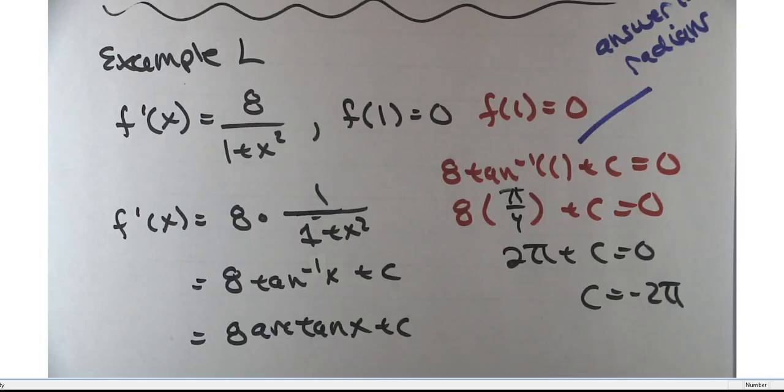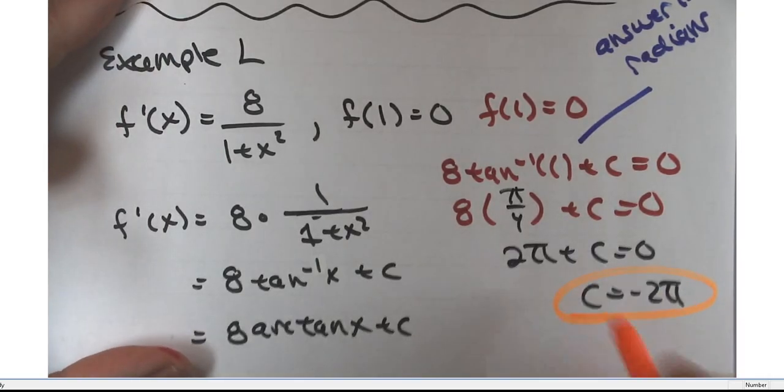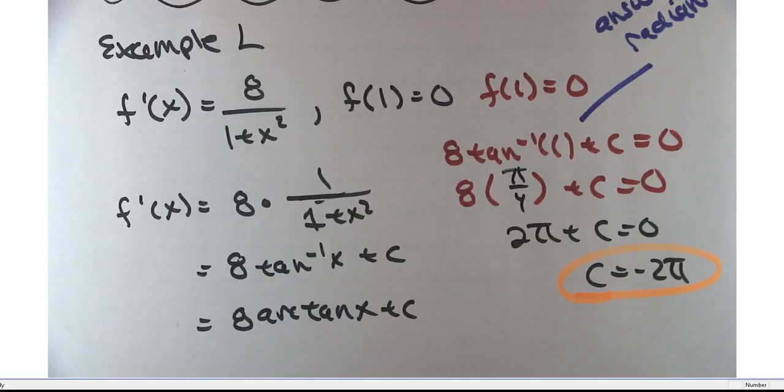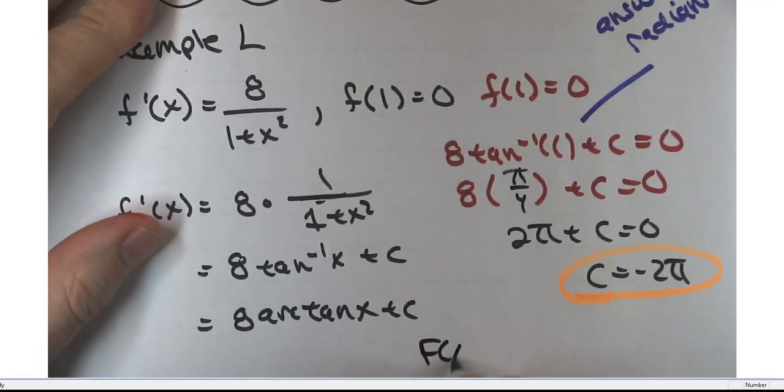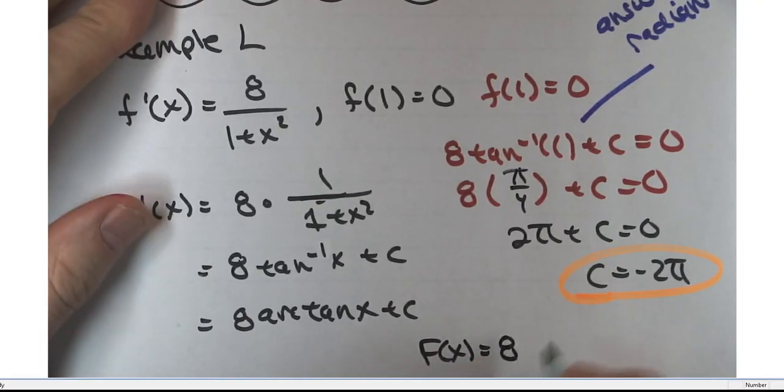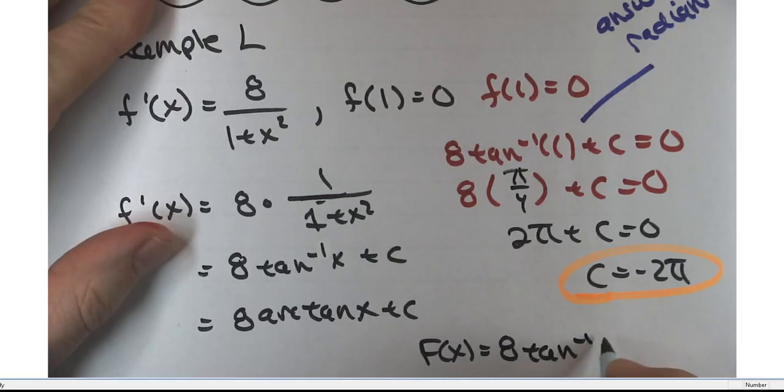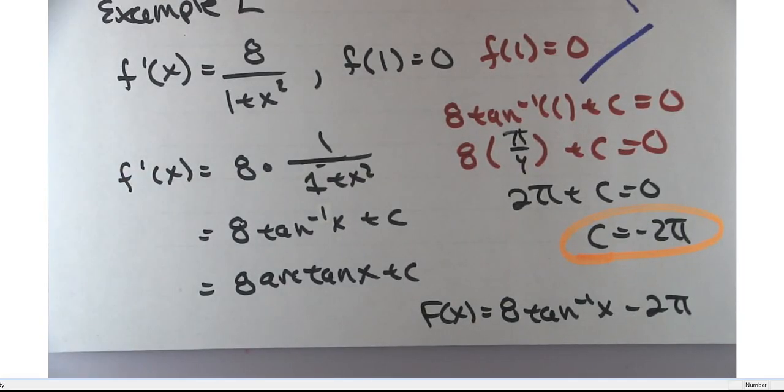Nice. Your final answer for the antiderivative then would be capital F of x is 8 inverse tangent of x minus 2 pi. So that's what I'd be looking for as a final answer there.